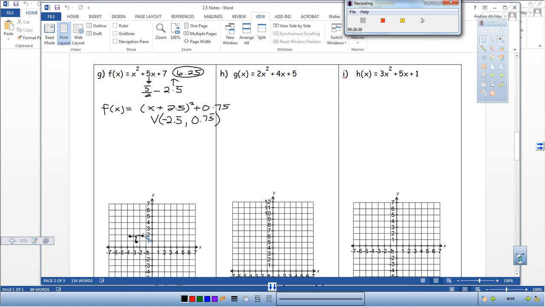Then up 1, 2, 3, and over 1. Up 1, 2, 3, and over 1. And that's the parabola. Any questions over that? Okay, so you won't be able to do all of the homework. You have things to note.